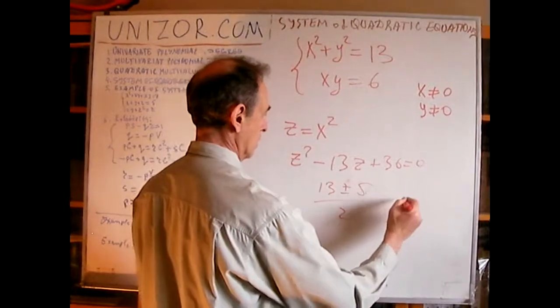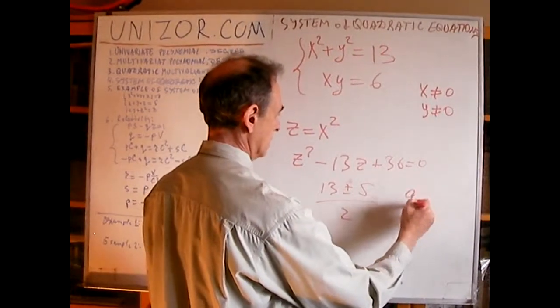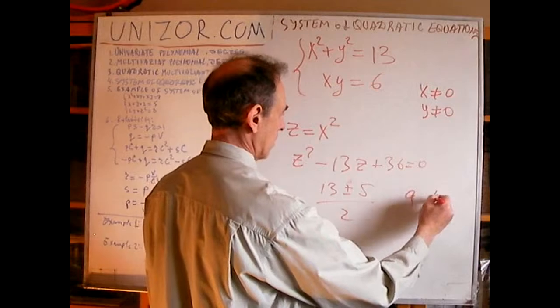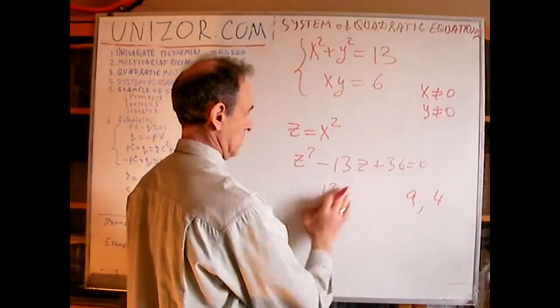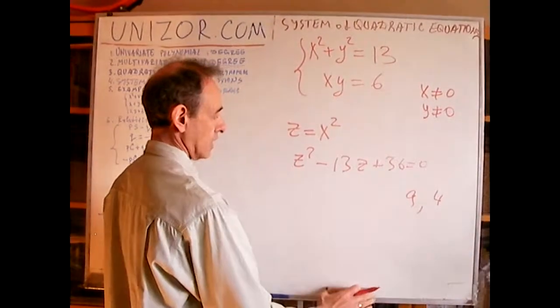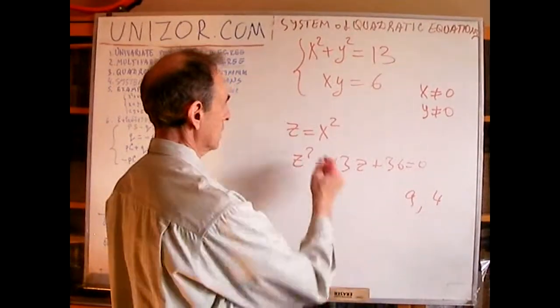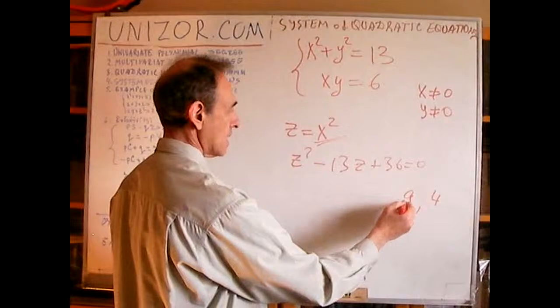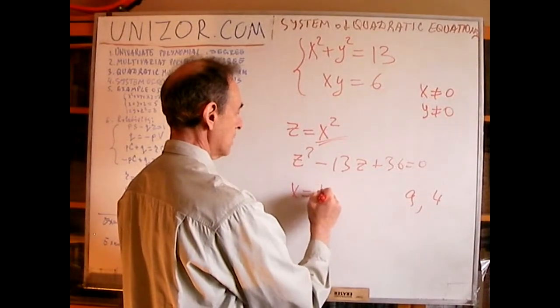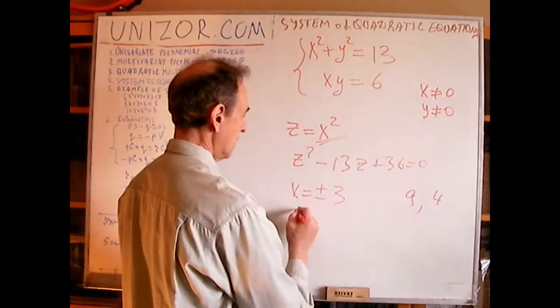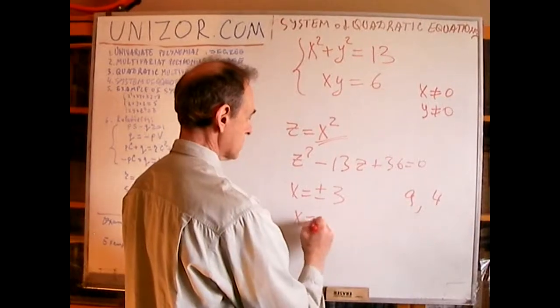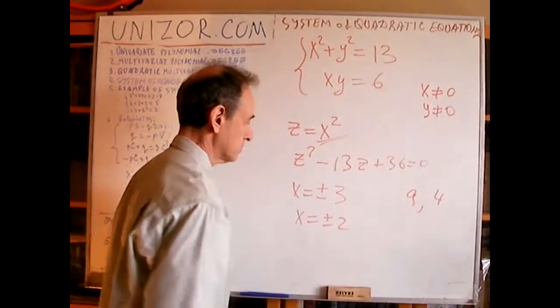Divided by 2, so it's 9 and 4. Okay, so roots of this equation are 9 and 4. Now this is x squared. In case of 9, x might be equal plus or minus 3. In case of 4, x is equal plus and minus 2.